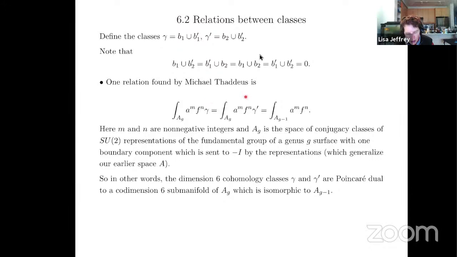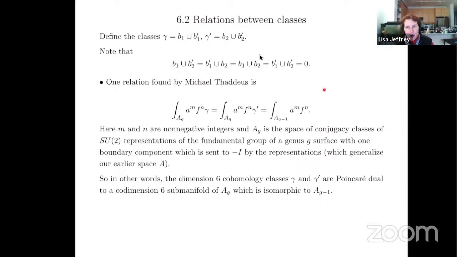These classes evaluated on the fundamental class of A_G are the same as the same classes evaluated on A_{G-1}.